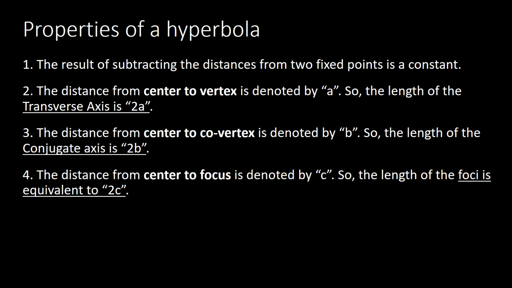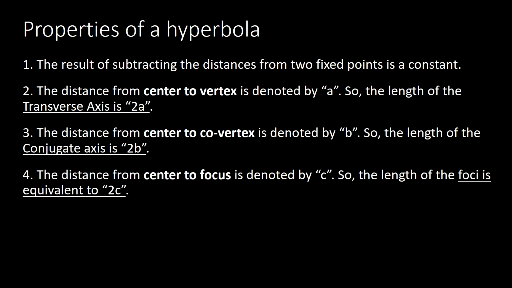There are different properties of hyperbola. First, the result of subtracting the distances from two fixed points is always constant. If we subtract the distance from one point to a focus and the distance from that point to the other focus, it will always be the same value all throughout the graph.